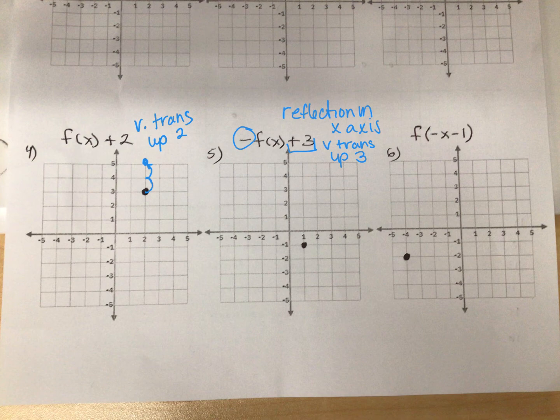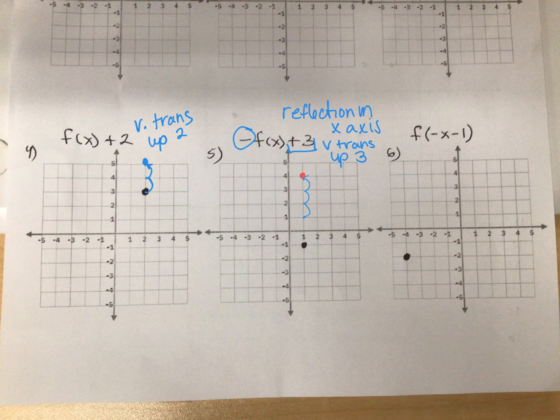So first I'm going to reflect it in the x-axis, which means it goes from -1 here to +1. So that's my intermediate step. We're right here. And then from there we're going to go up 3. There's my final point. We'll put the final point in red. So we reflected it on the x-axis and then moved it up 3.